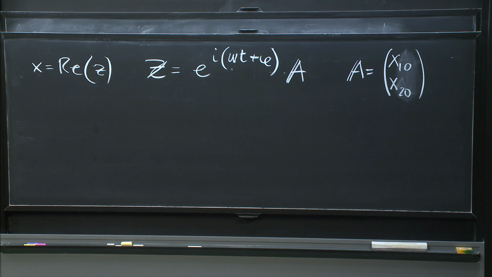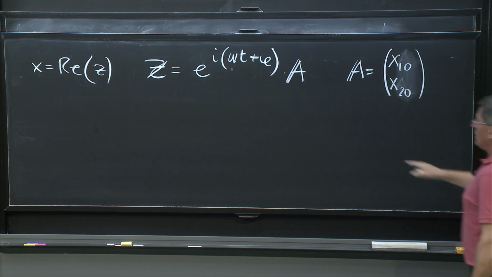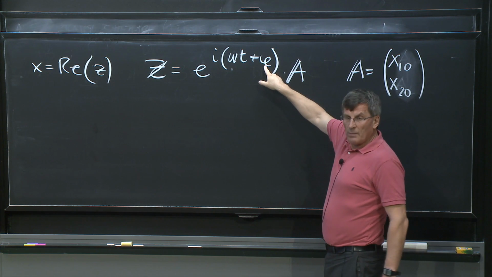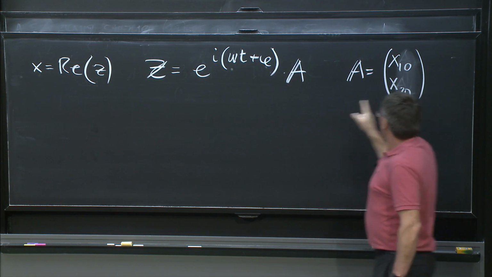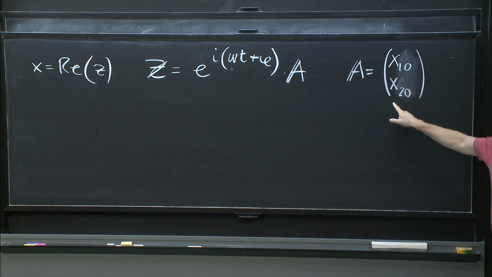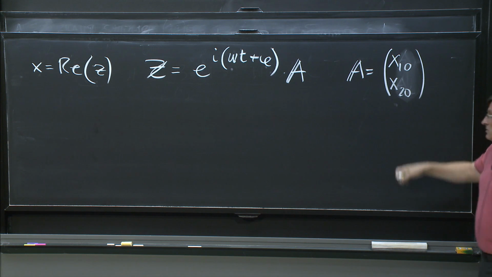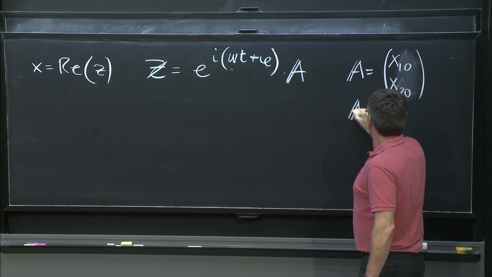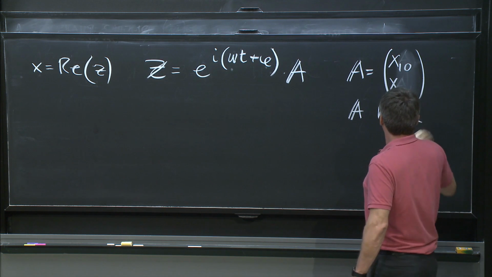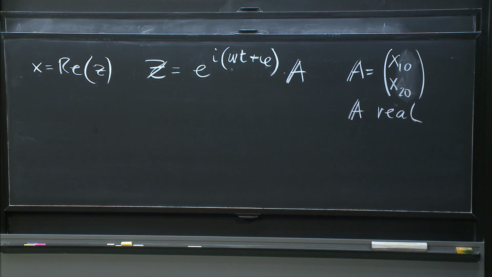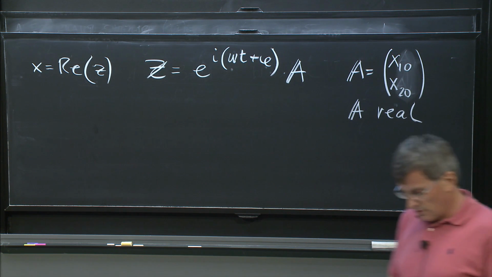And also, because we keep the phase in this expression, we can assume and require that A is a real number. So A is real. It's a slightly different way of doing things, but we can assume this for now, right?